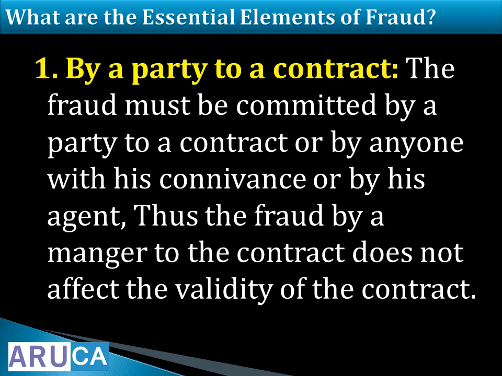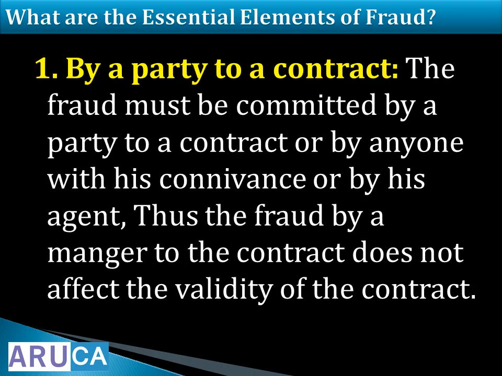What are the essential elements of a fraud? One is by a party to a contract. The fraud should have been committed by a party to a contract. Suppose X and Y are in contract, X should have committed a fraud or Y should have committed a fraud. Or by anyone with his connivance. The connivance means the collusion.